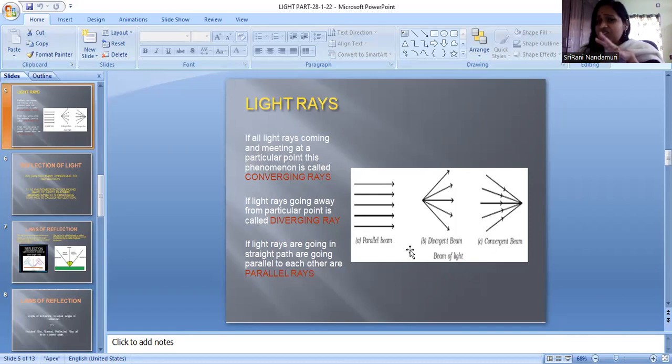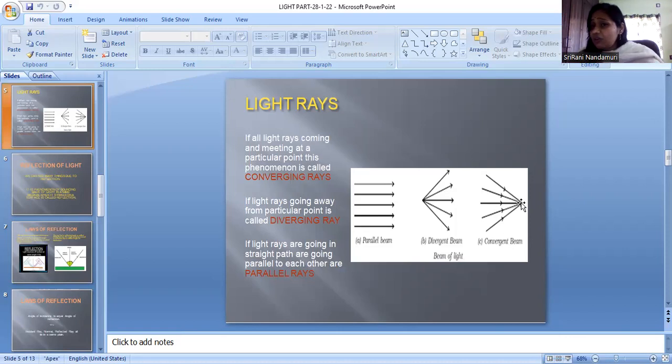Don't get confused. Here is a simple technique to remember. Converging means coming together. Here in this diagram, you can observe the different rays. This is one light ray, this is one light ray, this is one light ray.